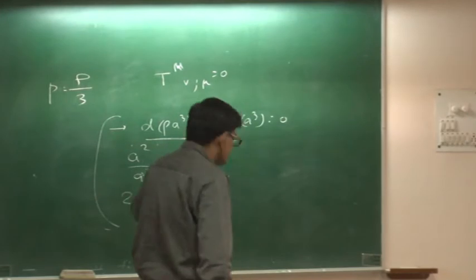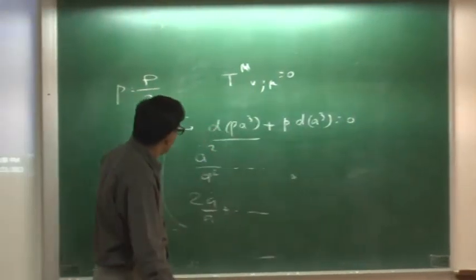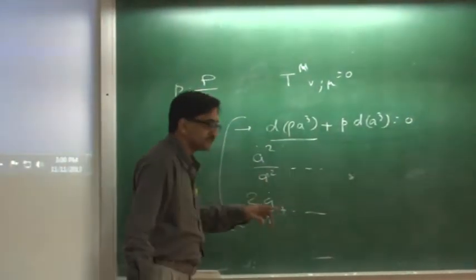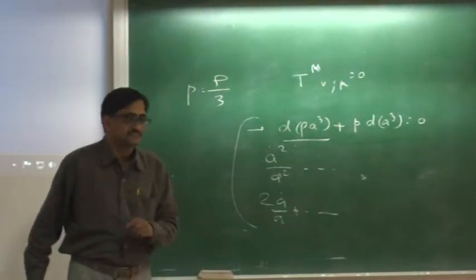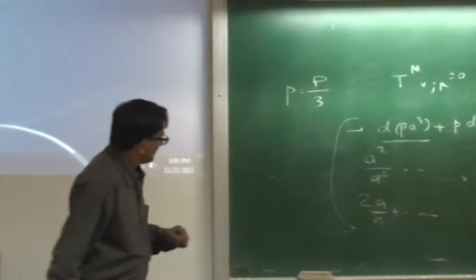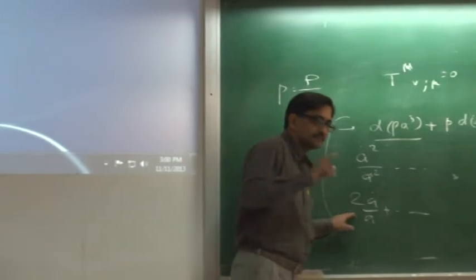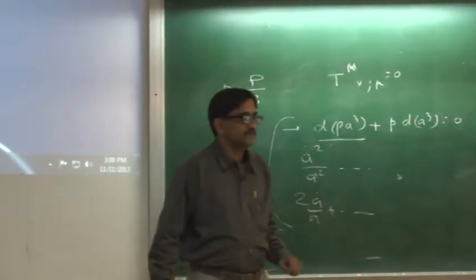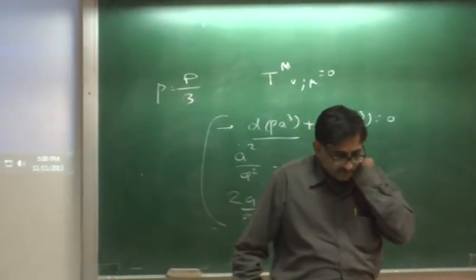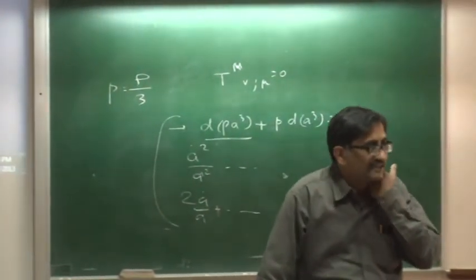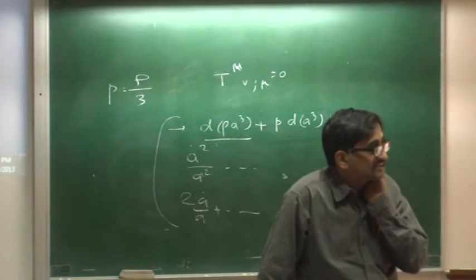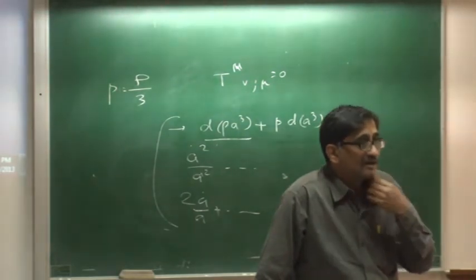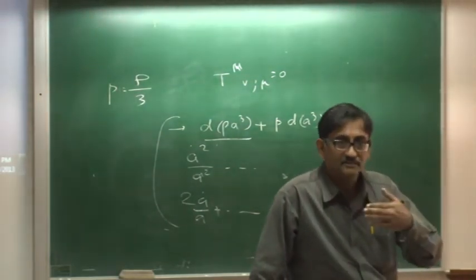The situation is not similar here. There is a fundamental difference, and the fundamental difference is the following. This is a dynamical equation, whereas this is a constraint equation. So the solution to the dynamical equations should be such that they obey the constraint equation.